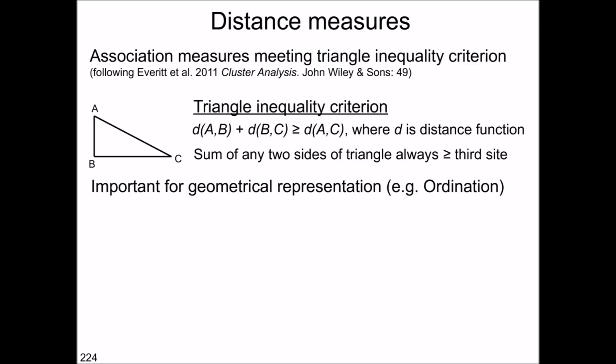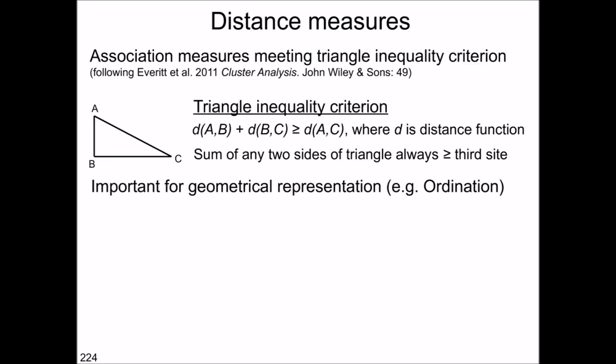So you see here, on the slide, it's obviously a Euclidean representation. You see that this is clearly fulfilled, but for some association measures this criterion is not fulfilled, and then these metrics cannot be used for graphical representation, or you could graphically represent them, but they would not be meaningful.